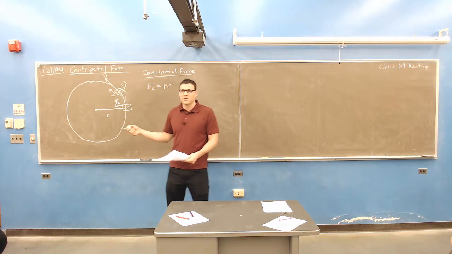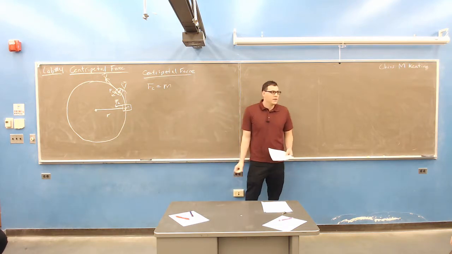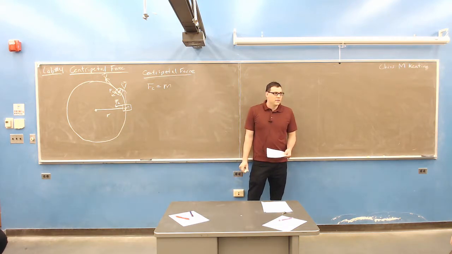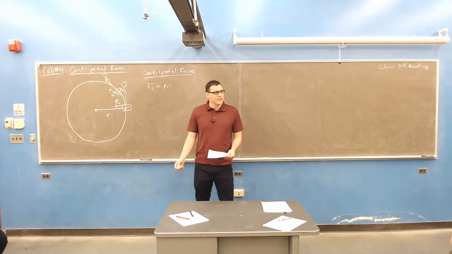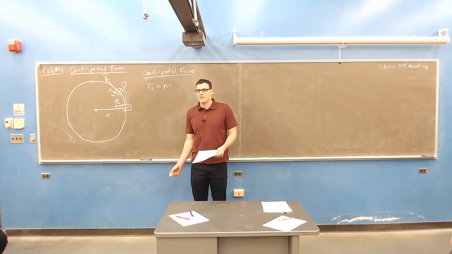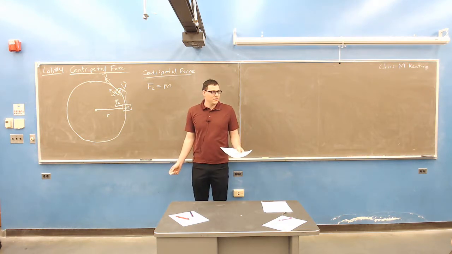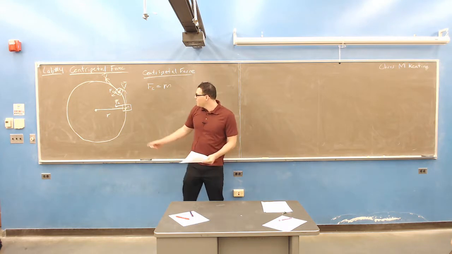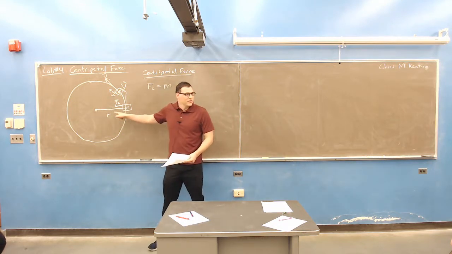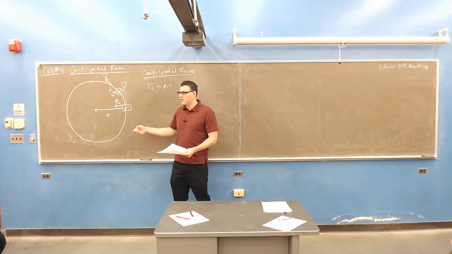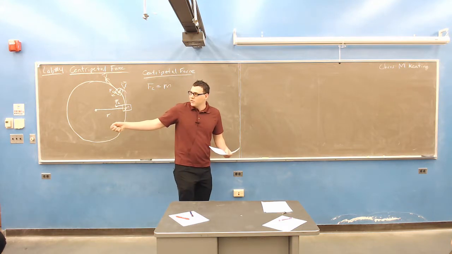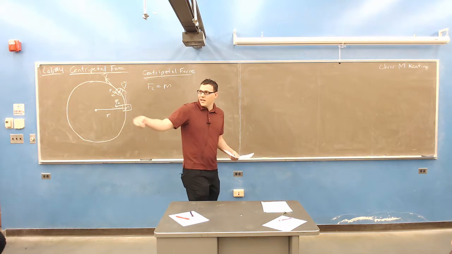What else might it depend on? The acceleration, yes. More specifically, though, something else? Anything? Right. I'm trying to get you guys to say how big the circle is, right? If it's a bigger circle, you need less force, right? You guys have all played that game as kids, when you grab each other's hands and you spin around.